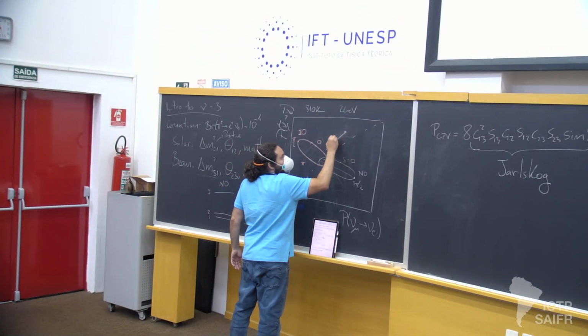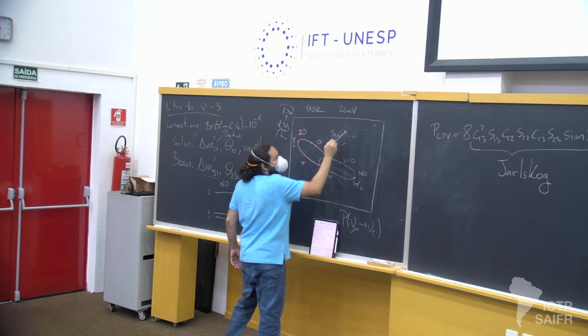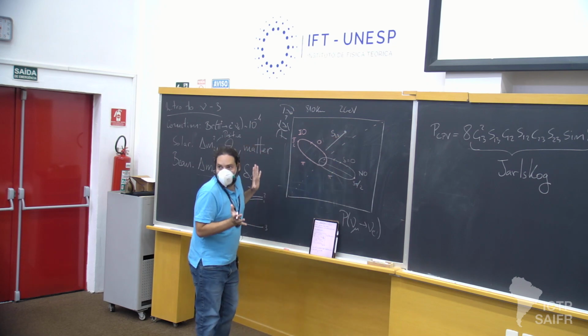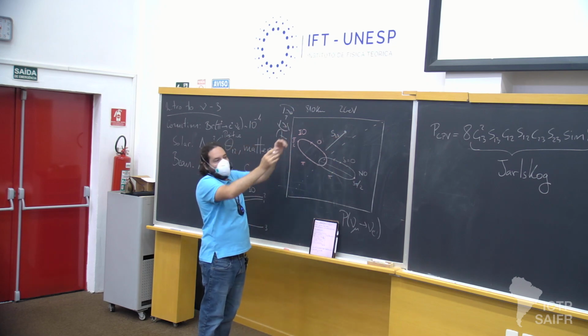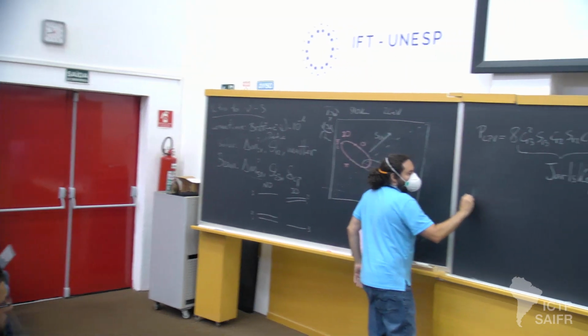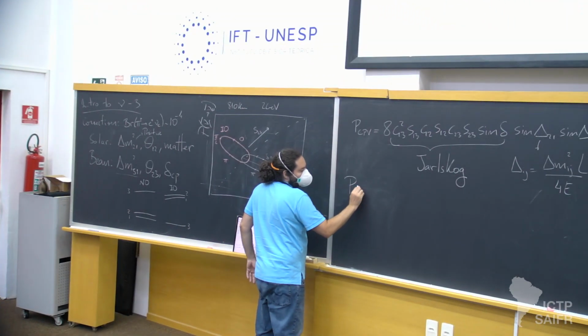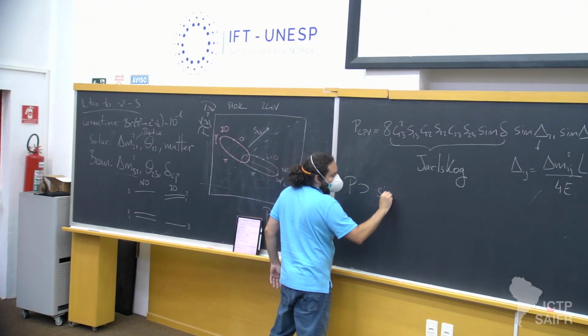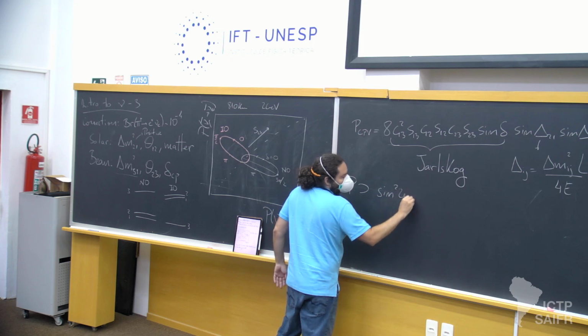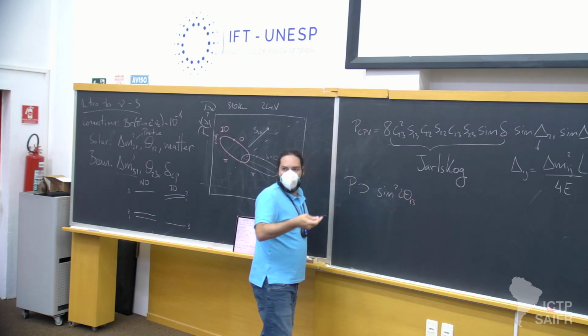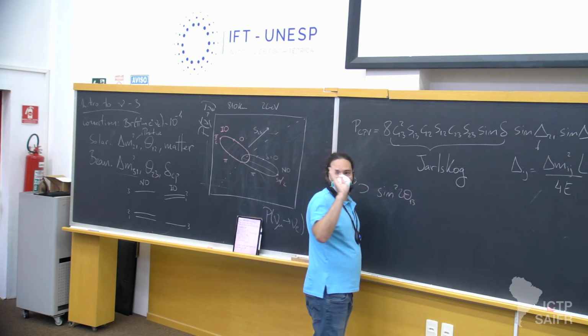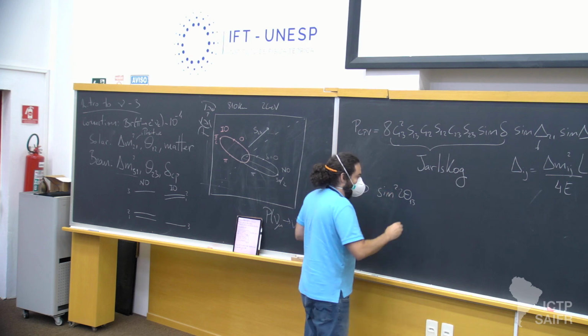As you increase the sine of θ23, these ellipses go in that direction, because there is a part of the probability that has this. So the leading order nu-mu to nu-e oscillation does not include CP violation.